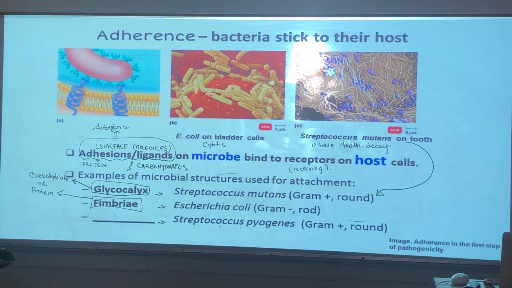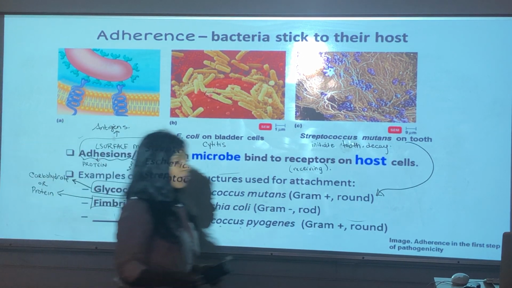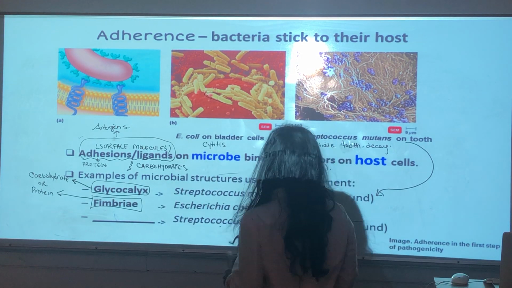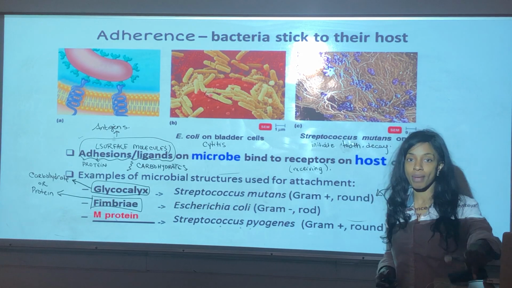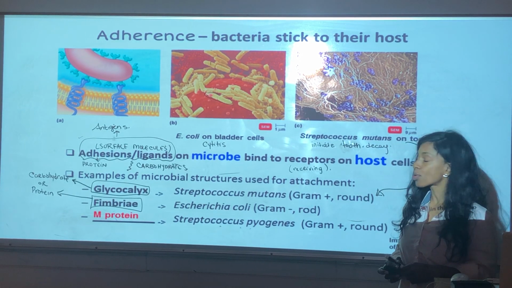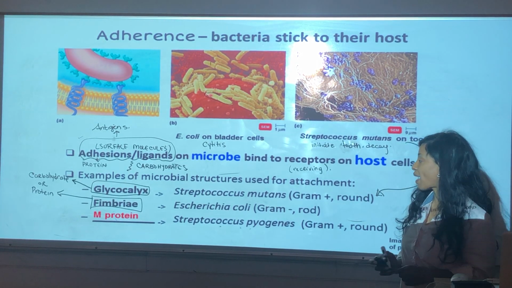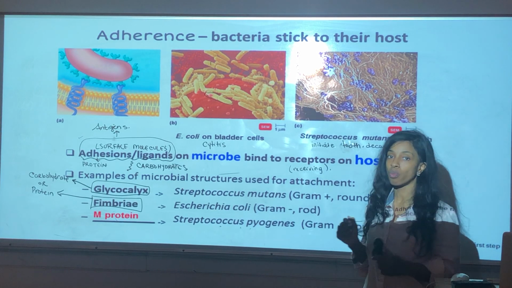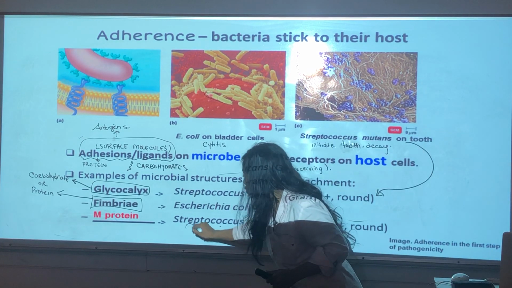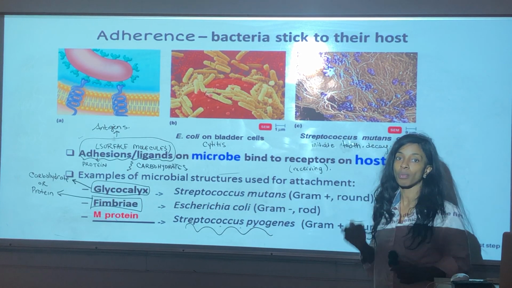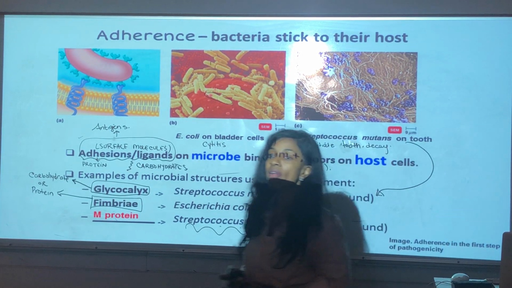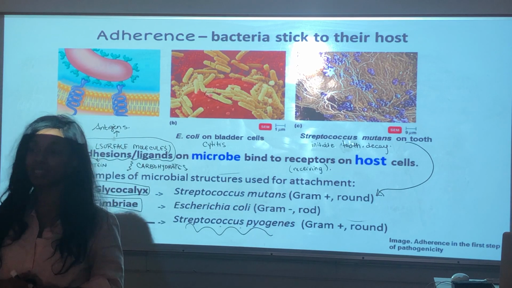Okay, and our last example of our bacterial invaders is the M protein. As I described in our class, M protein is found in the cell wall of only Streptococcus pyogenes. That's the only organism that we'll discuss in our class that has an M protein in the cell wall.